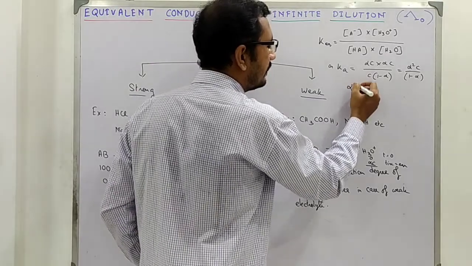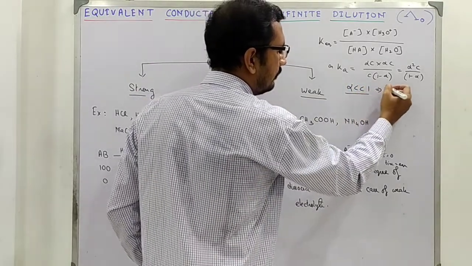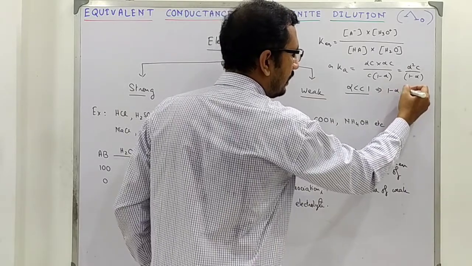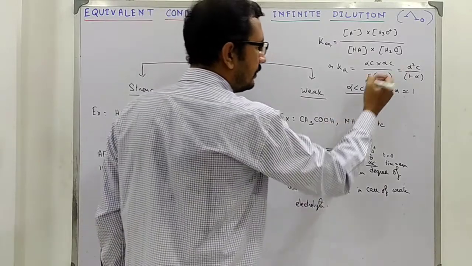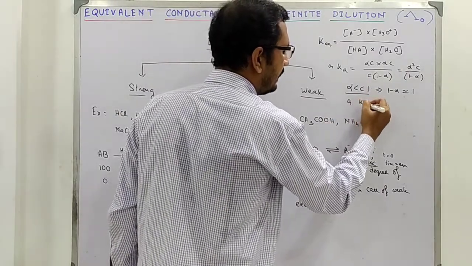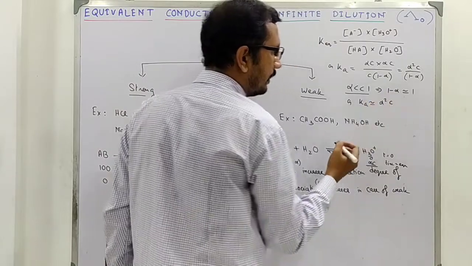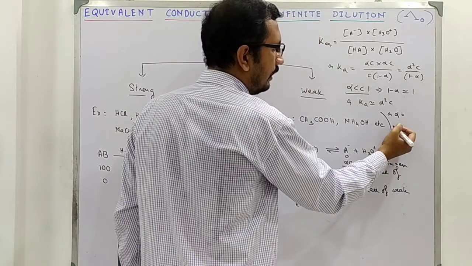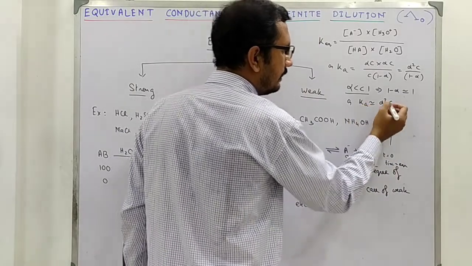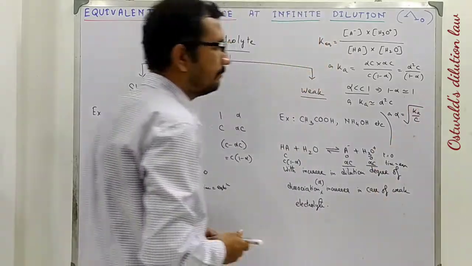So, to a good approximation we can write alpha much less than 1. Then it implies that 1 minus alpha is almost equal to 1. So, we put this value here, and we get Ka equals alpha square C. Then alpha equals, we take this C to the left hand side and take the square root, so it will be the square root of Ka upon C.